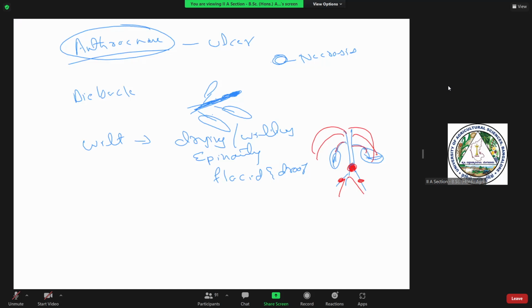Okay. So wilt can also be mainly due to fungi and bacteria. There are many fungi which are known to produce wilt symptoms, and bacteria are also capable. One bacterial disease is a very common and serious problem.